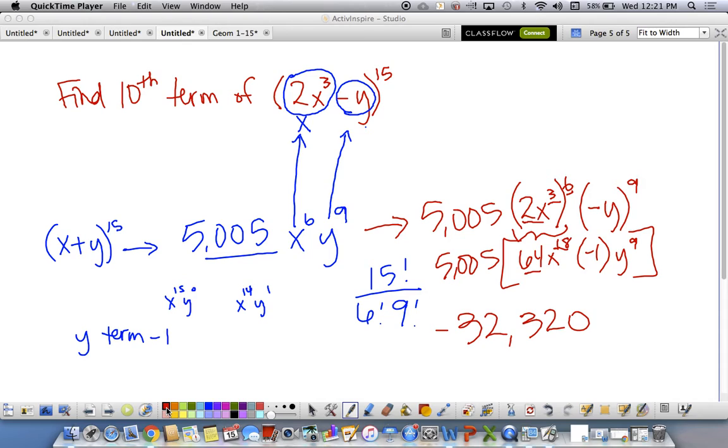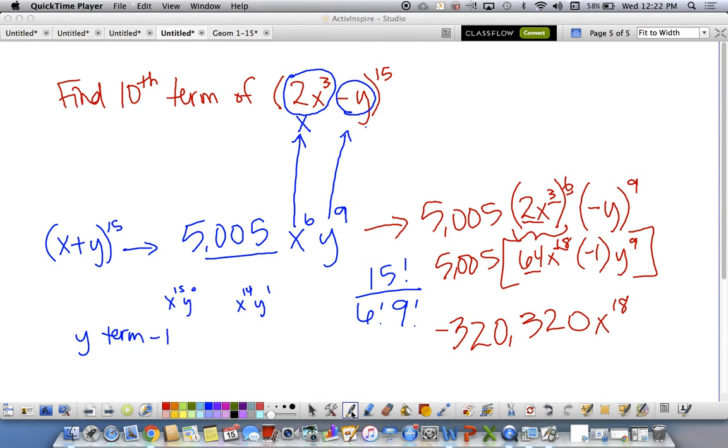And we have x to the 18th. Gang, look at that. Oh, it's the same number twice, 320, 320. That's weird.